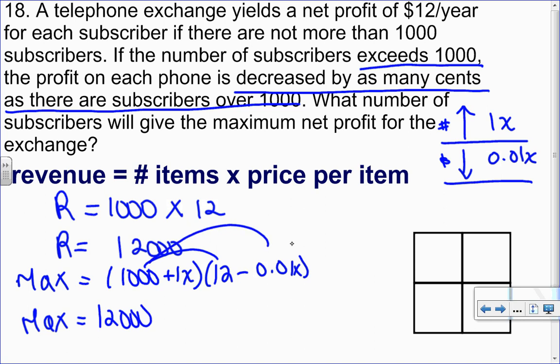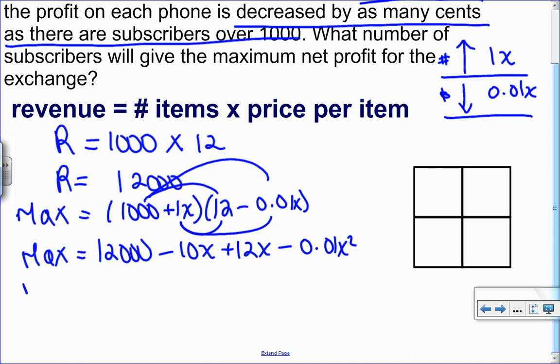I'll do 1,000 times 1 cent x, which is going to be negative 10x. 1x times 12 is 12x. And then 1x times negative 0.01x is negative 0.01x squared. So let's write this in descending powers of x: negative 0.01x squared, combine my like terms, plus 2x plus 12,000.